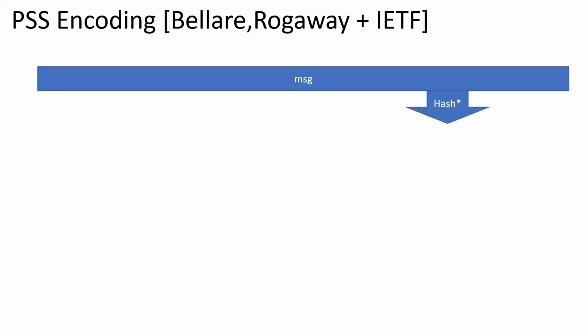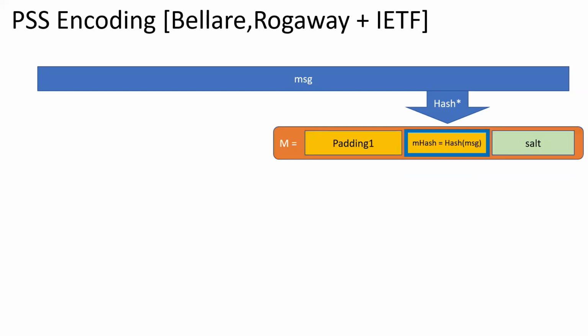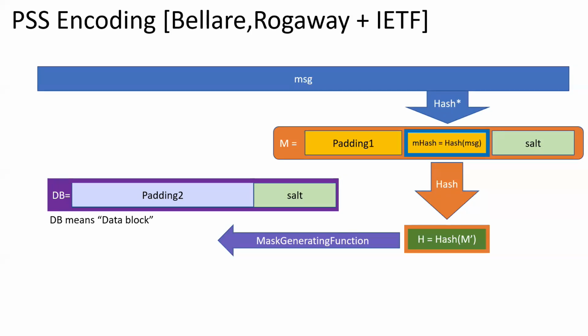So the way the PSS encoding works is you take a message, you hash it using hash star. You add some salt to it because PSS stands for probabilistic signature scheme. So that's where the probabilistic part comes in. Then you pad it with some deterministic padding, package it together, then you hash it together, you get some value H. Then you take that H, you run it through some mask generating function that takes a little bit of randomness, which is H, and expands it to some long pseudorandom string.